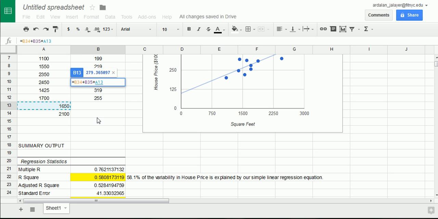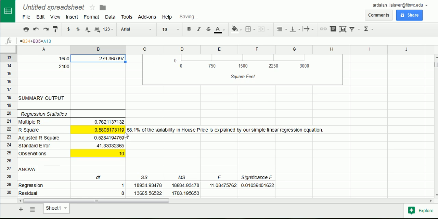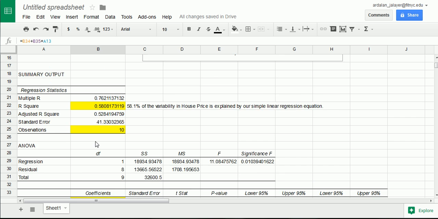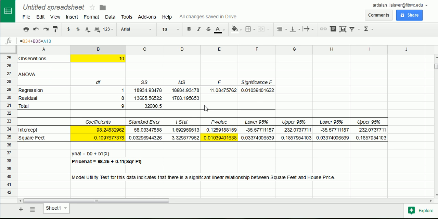And all I did was, instead of manually typing something like equals 98.2483 blah blah blah plus 0.10976, the more decimal places I use, the better, but you will get tired of writing 15 decimal places, times 1650.